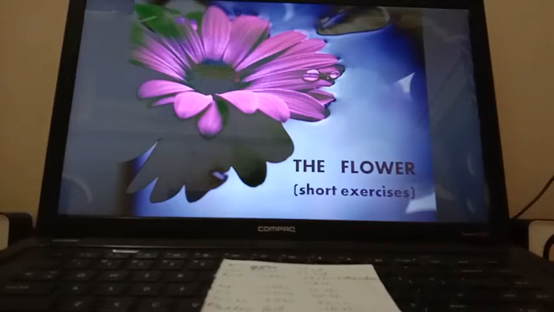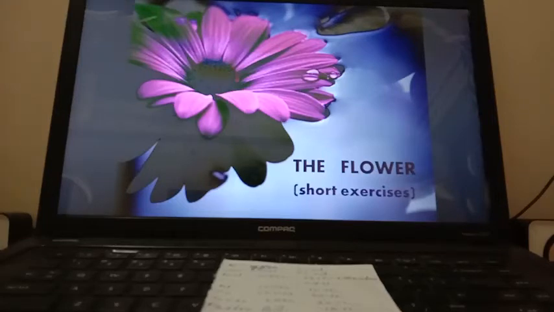Next one is fill in the blanks. Number 1, the flower is borne on a stalk called pedicel. Number 2, the male part of the flower is androecium or stamen.